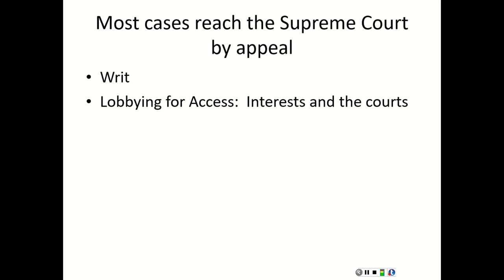They're looking to pick the right client, the right case, the right time, the right district, the right jurisdiction. They want their case to have a certain publicity level so that they will be successful in their efforts to bring the issue to the court's attention.